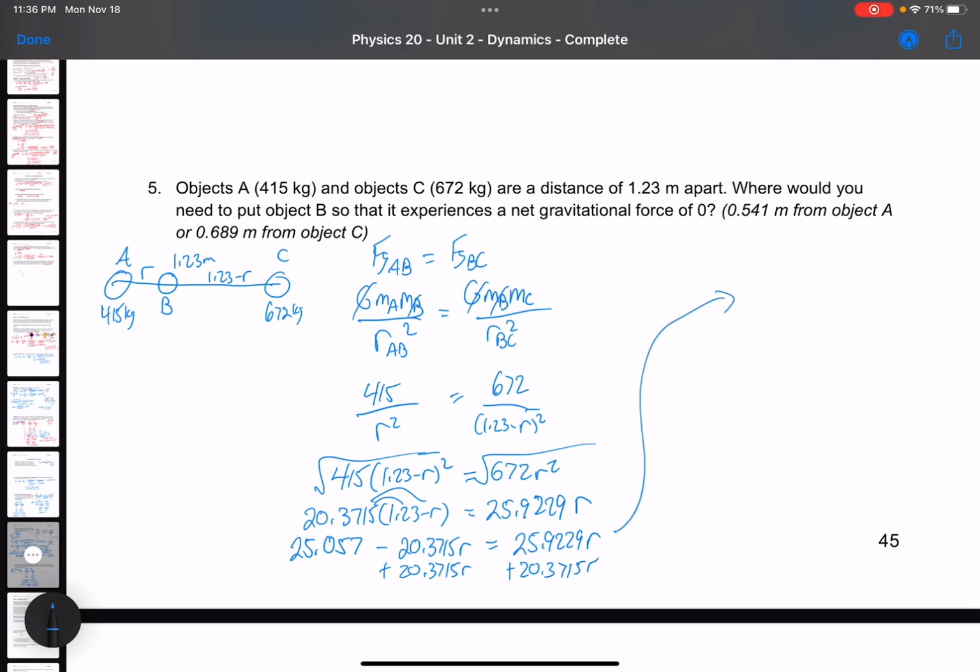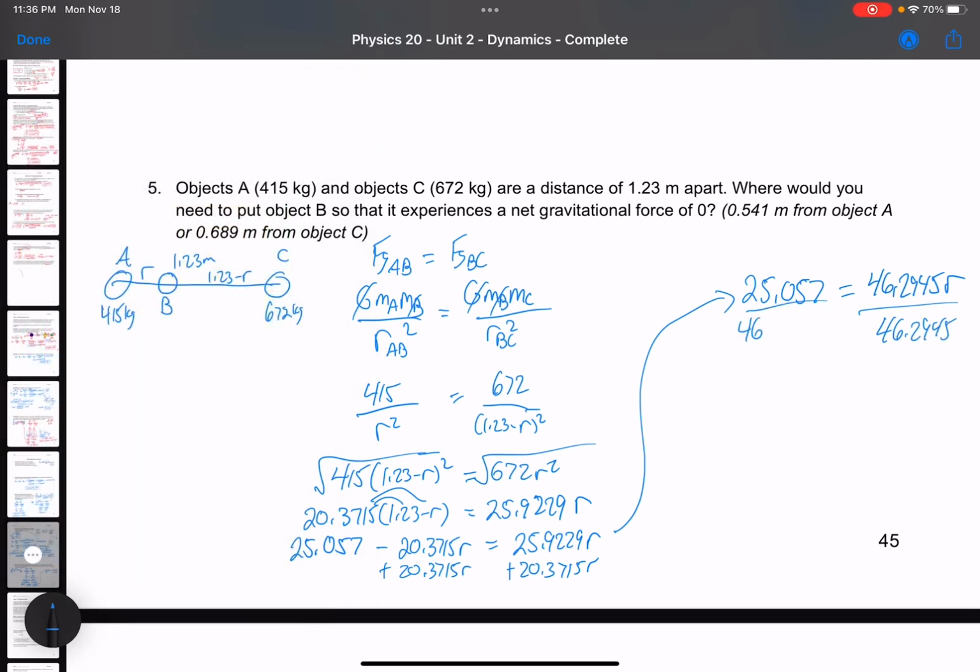Just going to finish this out over here. So I'm left with 25.057 is equal to, just got to make sure I grab the right numbers here. I need this one, and I need to add this one to it. So I get 46.2945 r's.